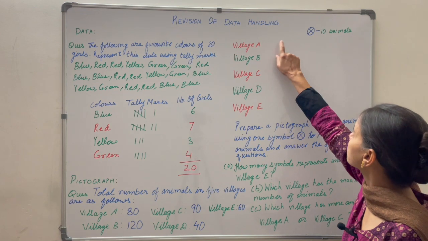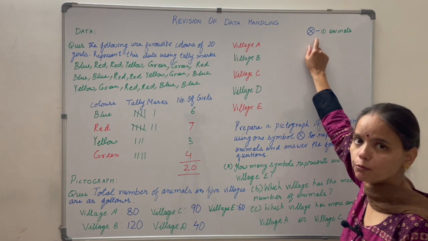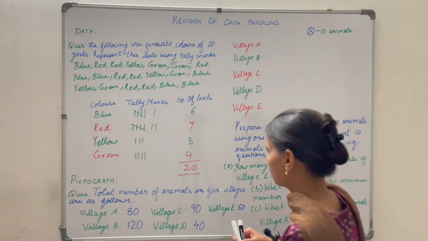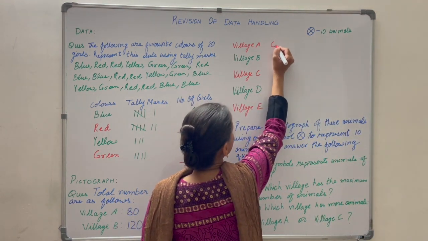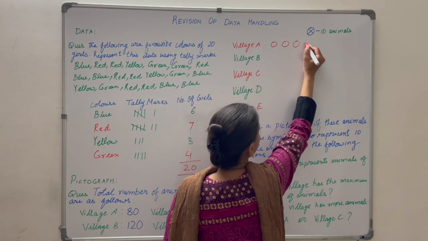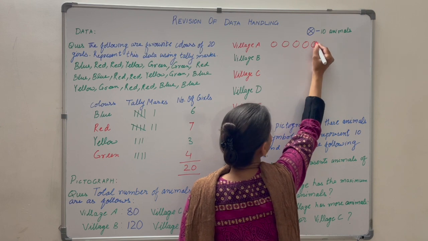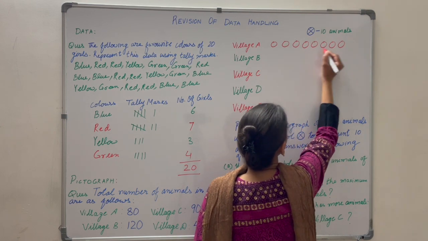So means you have to make how many symbols? This one represents 10 animals, so you are going to make 8 symbols like this. So let us make it 8. This is 1, 2, 3, 4, 5, 6, 7, 8.